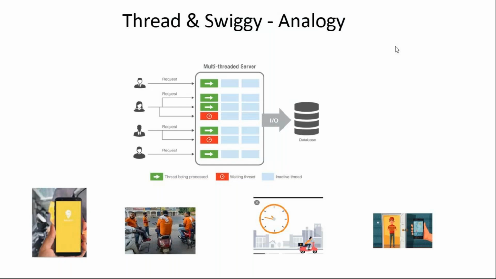Okay, with Swiggy, we all know that we order food, and there are people waiting to pick up your order and get it back to your residence, right? That's how Swiggy operates. On a normal day, you will have multiple Swiggy orders.